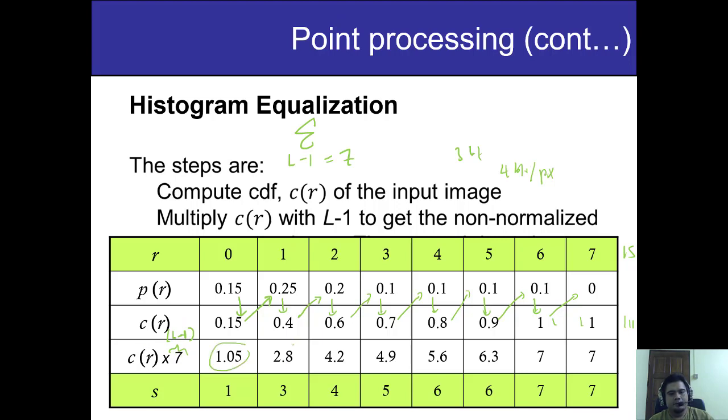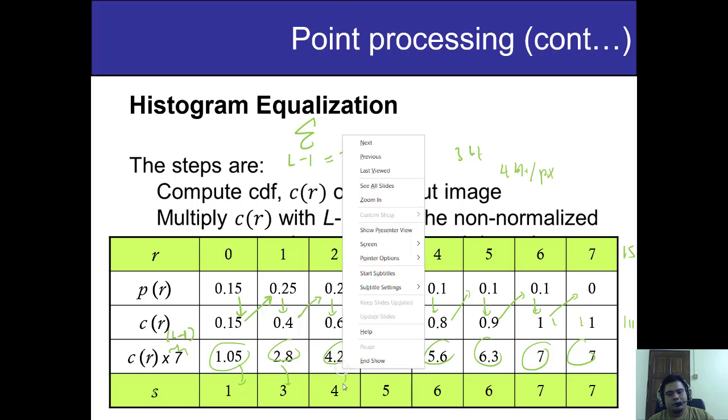You get this number. Once we get this number, because our image is a digital image, we don't have any floating numbers like this. That's why the end product, which is our output intensity resolution, S, should be rounded. You must round the number. That's why you get 1 there, you get 3 there, and 4.2 you round into 4.